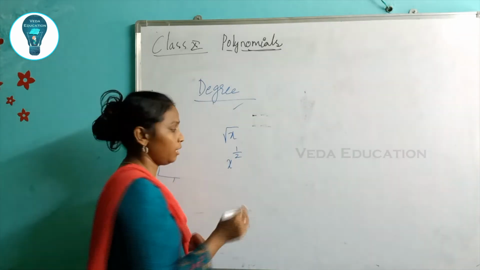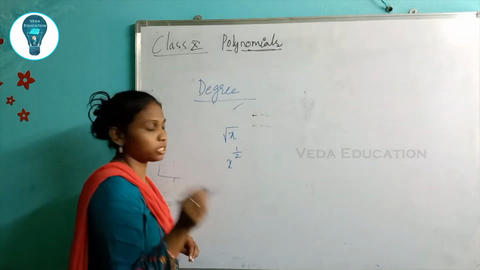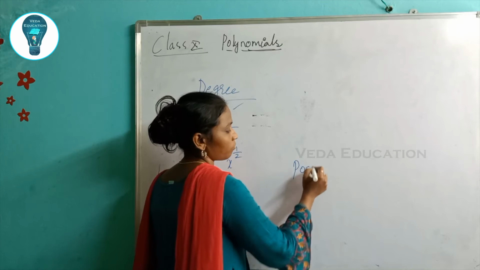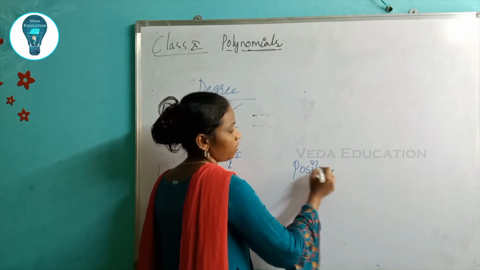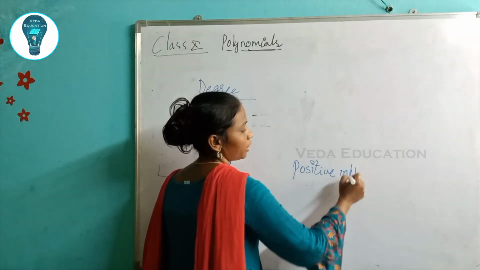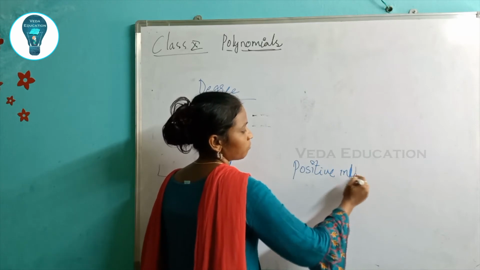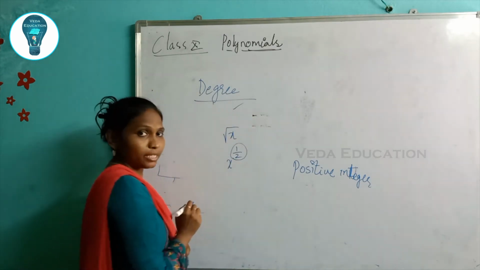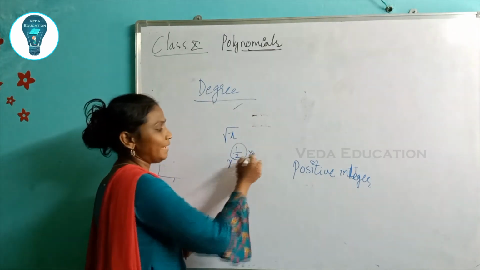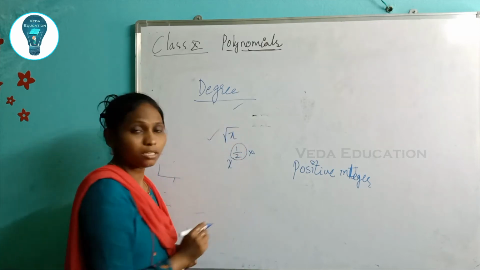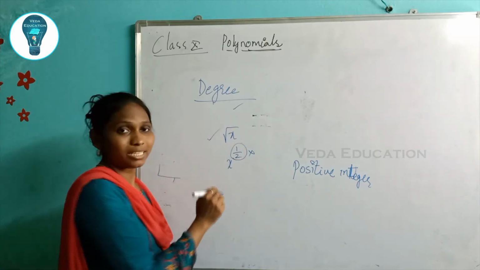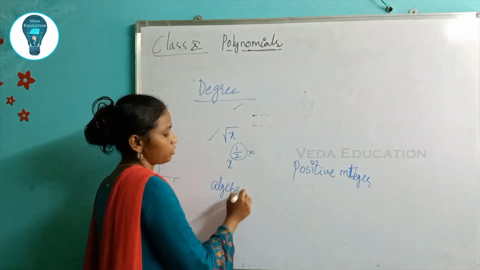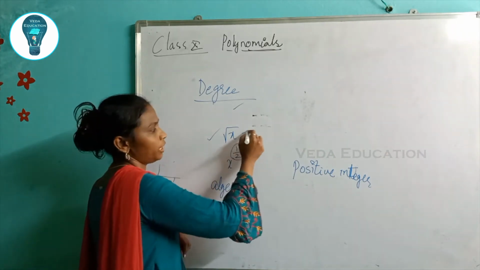If you consider an algebraic expression as a polynomial, it should compulsorily have only positive integer powers, not negative integers. Look here, is 1 by 2 a positive integer? No, it is not an integer. So we cannot consider this as a polynomial. This we consider as an algebraic expression, but it is not a polynomial.